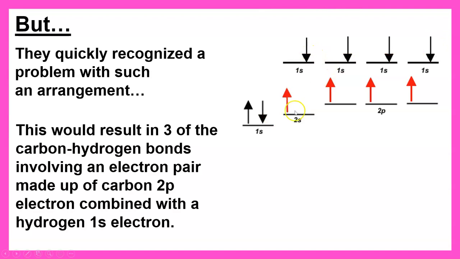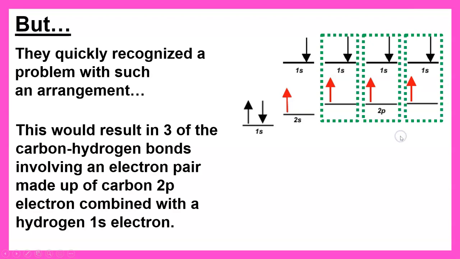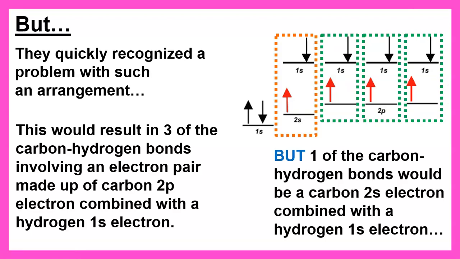You have a 1s and a 2s, and then you have 1s's and 2 p's. These 3 would be the same, but this one here, something's wrong. This is not going to represent what we see in real life. We see 4 equal bonds. Here we have 3 equal bonds and 1 mismatch.